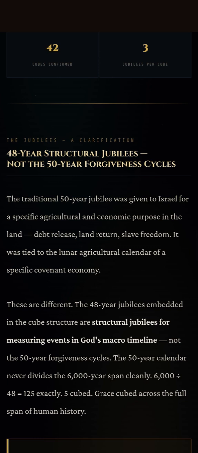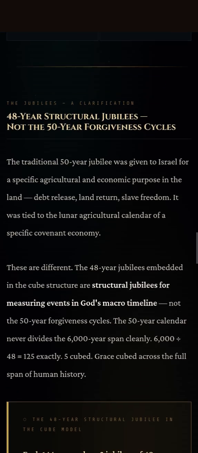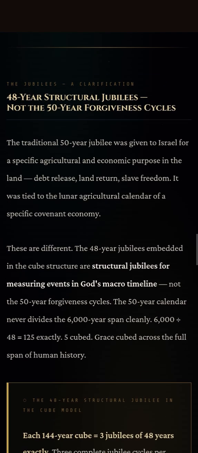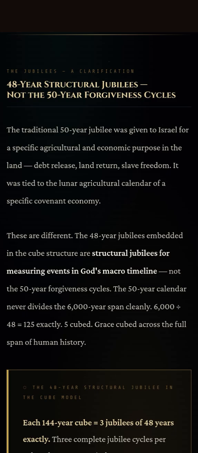In the cube model, 2016 divided by 144 equals exactly 14 cubes per era. 3 eras times 14 cubes equals 42 cubes. 49 total cubes minus 42 equals 7 cubes remaining. 7 times 144 equals 1008 years.